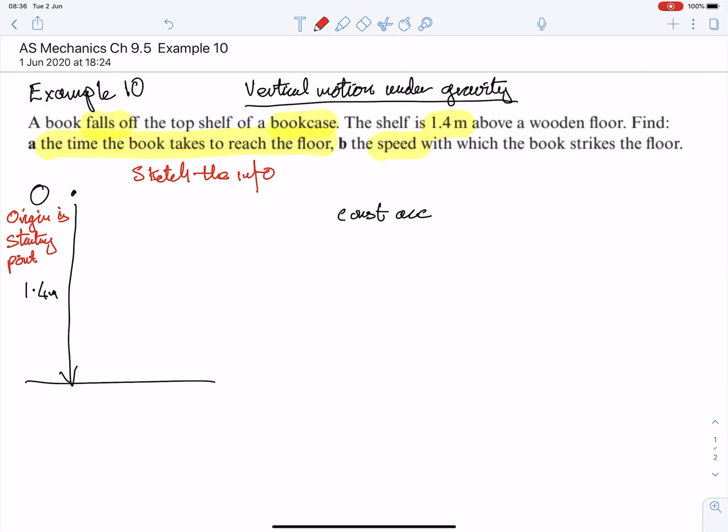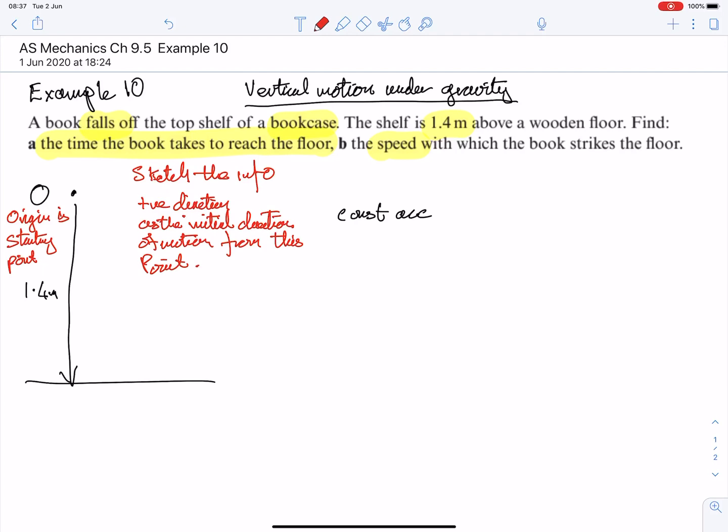And the positive direction as the initial direction of motion from this point.